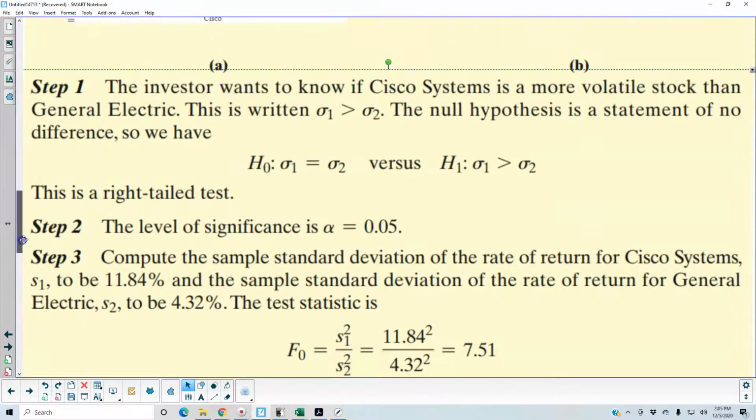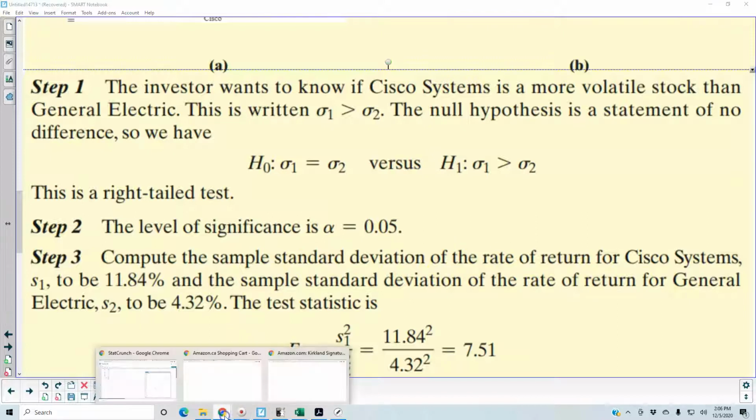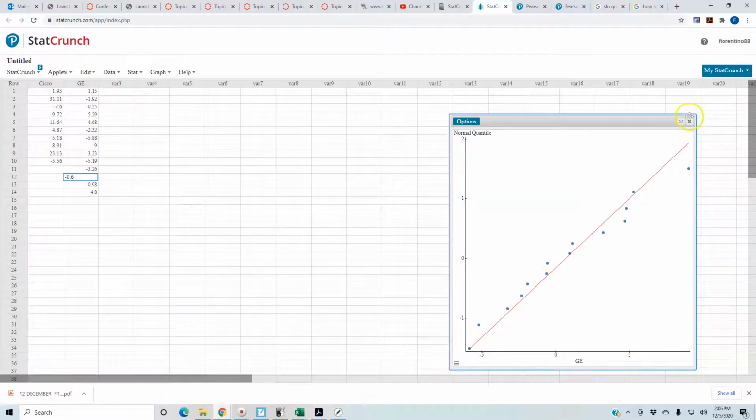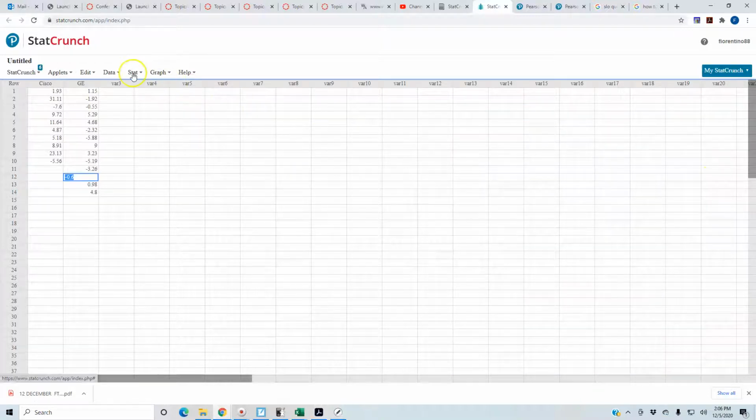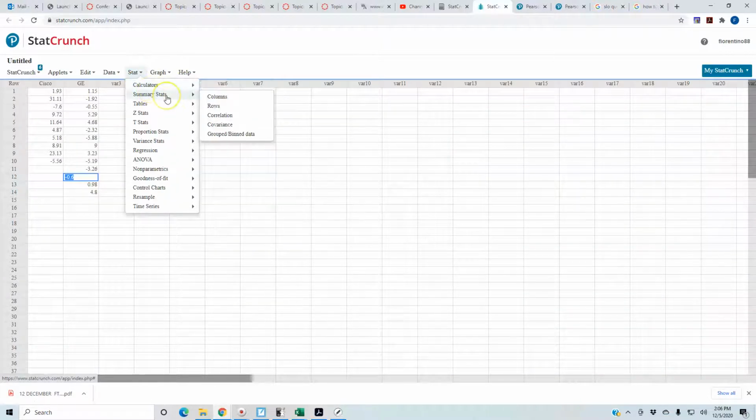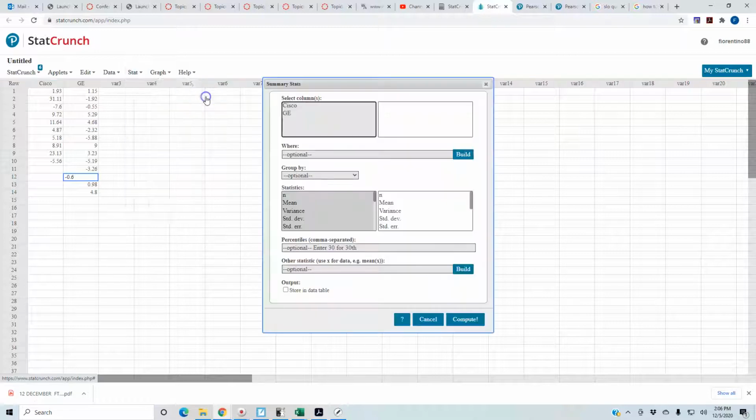Now, step 2, the level of significance is alpha, which is equal to 0.05. And so we want to compute the sample standard deviation for Cisco and General Electric. In order to do that quickly, we can come back up here, go to Stat, then Summary Stats, and select our columns.